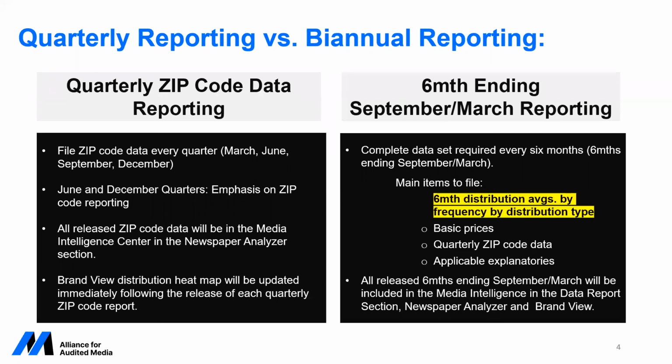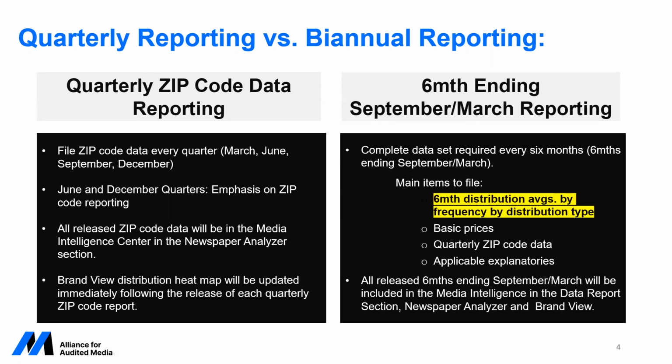So you would file 6-month averages for March, that would be October through March 31st. And then the zip code, you're going to select from the March quarter. So between January and March, you select a paragraph 3 date between January and March for the March quarter zip code. So every quarter you file a zip code.